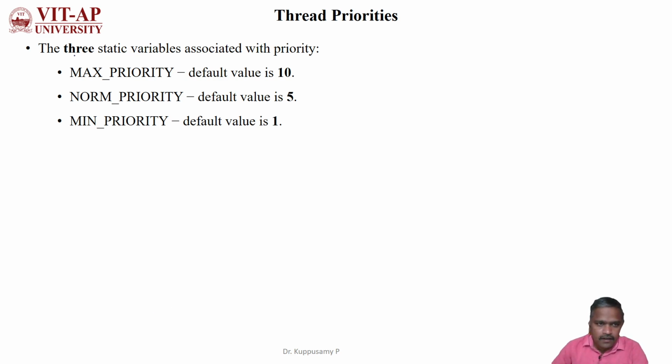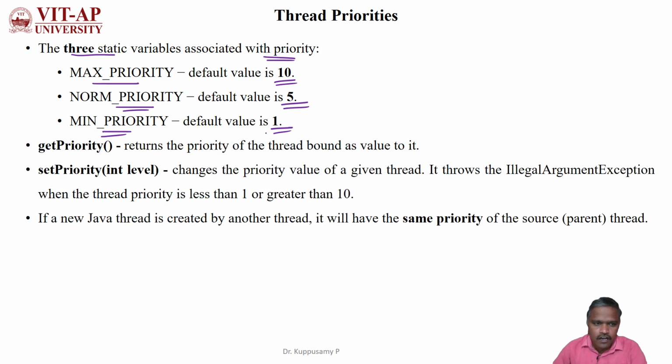There are three static variables associated with priority: MAX_PRIORITY, whose value is 10, NORM_PRIORITY, whose value is 5, and MIN_PRIORITY, whose value is 1. There are also two methods to access the priority of a thread: getPriority, which returns the priority of any thread, whatever value is assigned, and setPriority, which sets the priority of a thread using an integer value from 1 to 10.